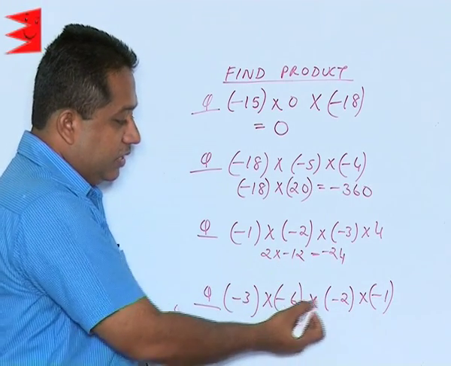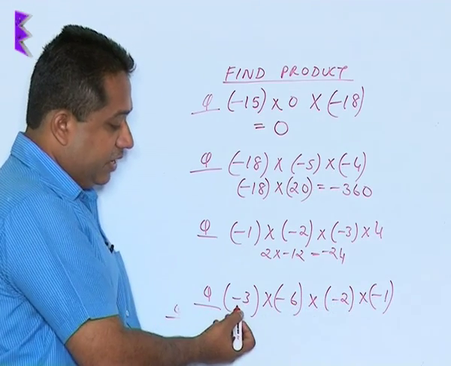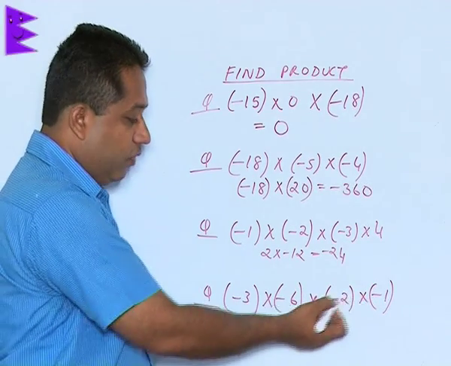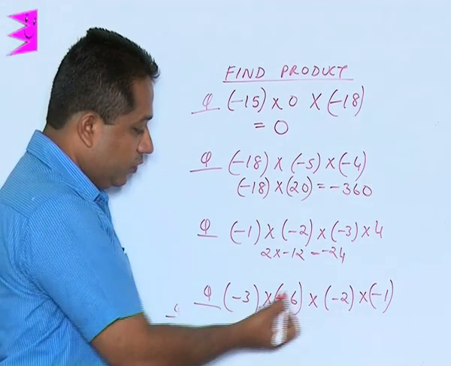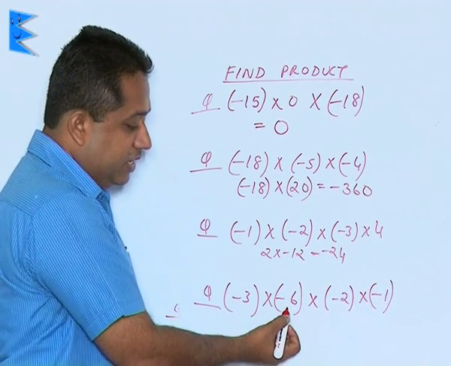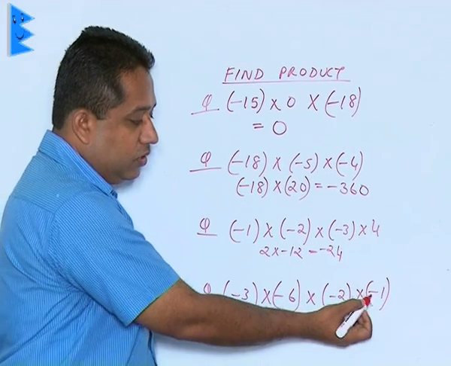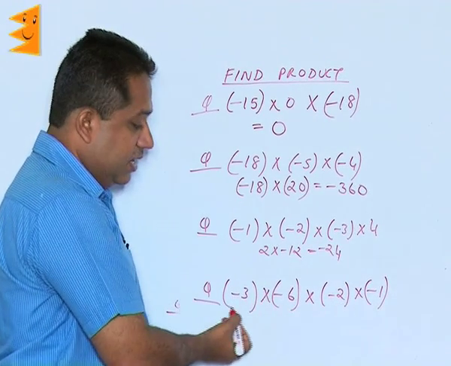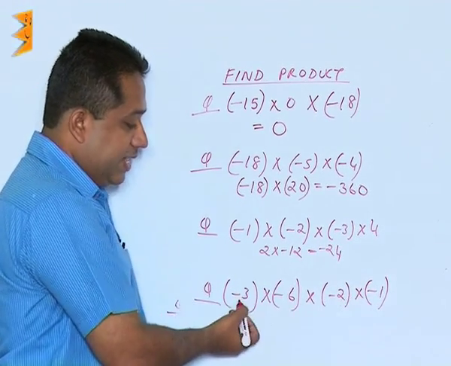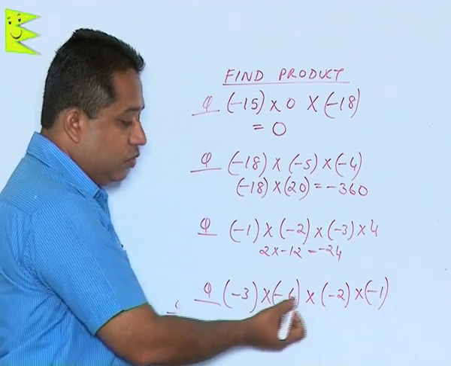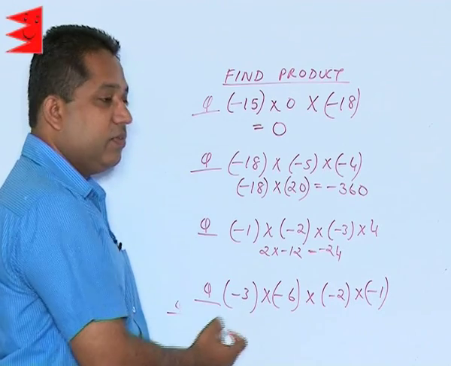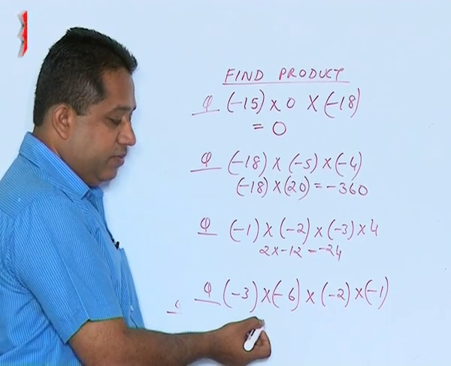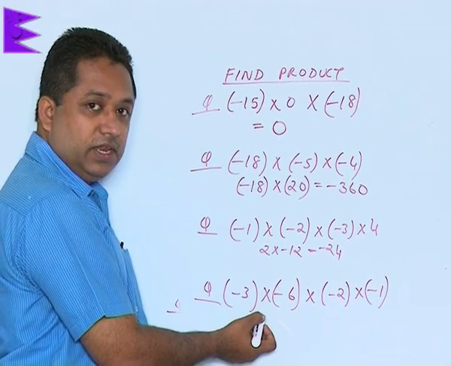Same way we are going to look at the next example. Here we find all the numbers given, the 4 numbers are all having negative sign in front of it. So, we have minus 3 into minus 6 into minus 2 into minus 1, all are negative numbers. Now, as I told before, if there are 1, 2, 3, 4 numbers, that means 4 is an even number. So, the answer will be positive. If there are odd number of negative signs, the answer will be negative.